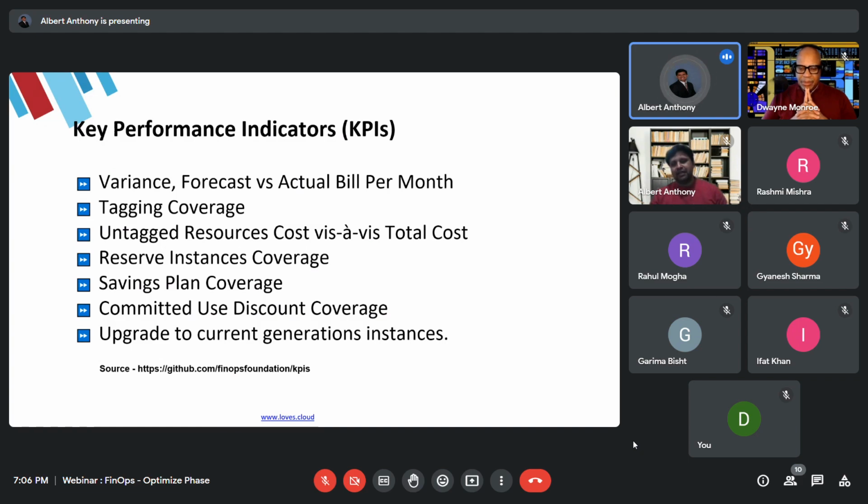And if there is no accountability, I mean, who is going to do something about it? So I think that is really very important.